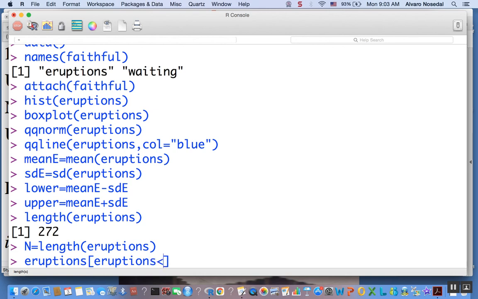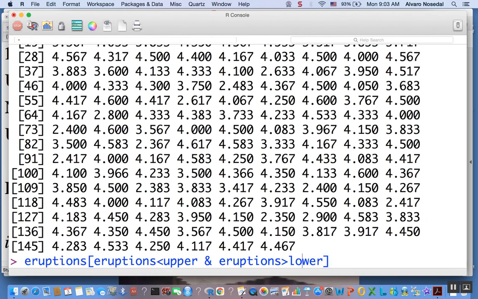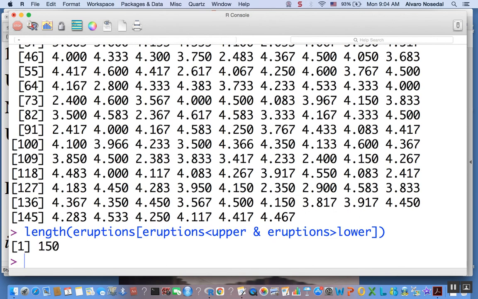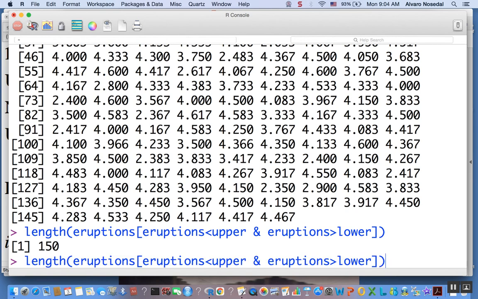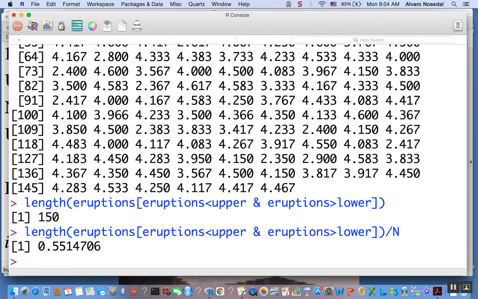So eruptions have to be below upper and above lower, right? These guys. But I need to know how many of them satisfy that. So now, if we want to know the percentage, we just divide by that 272, right? So roughly 55%. So really far from the 68 that you would expect for a normal.